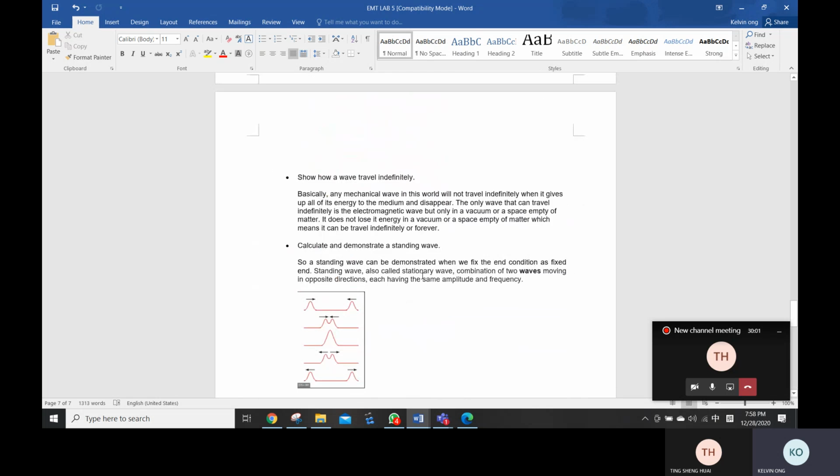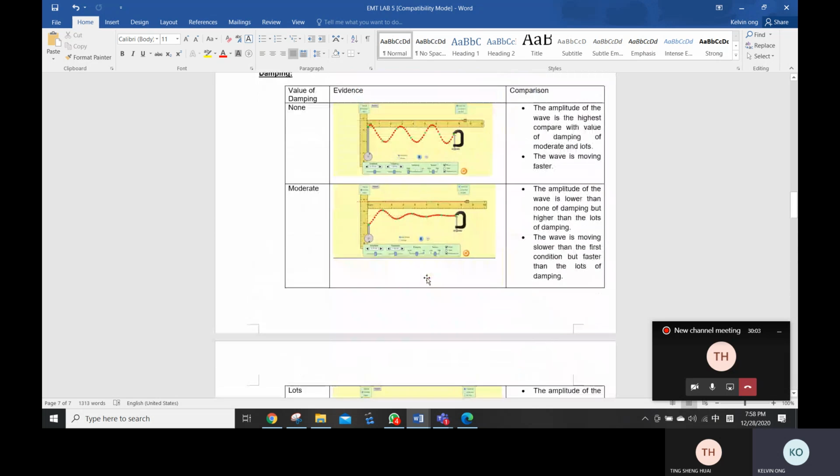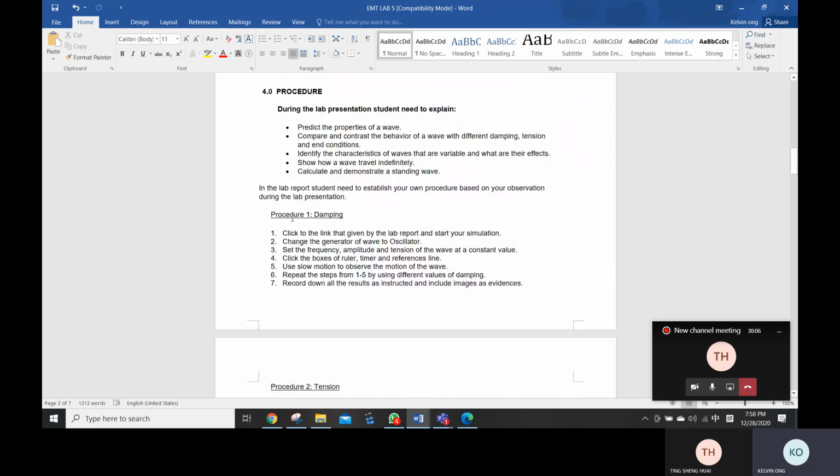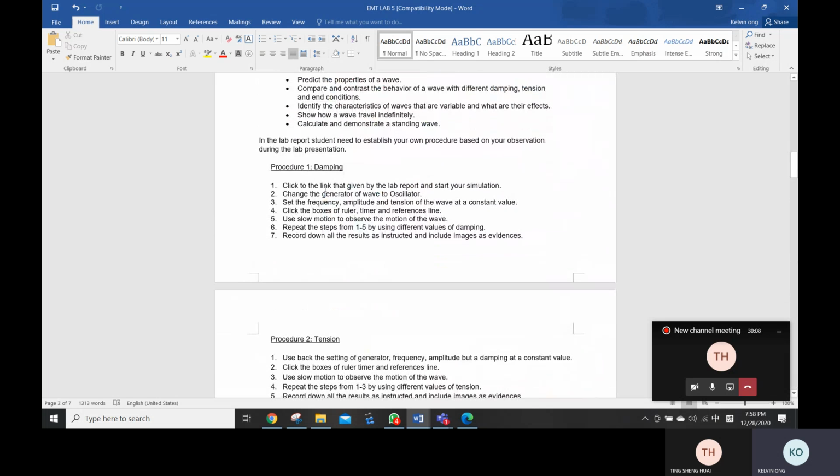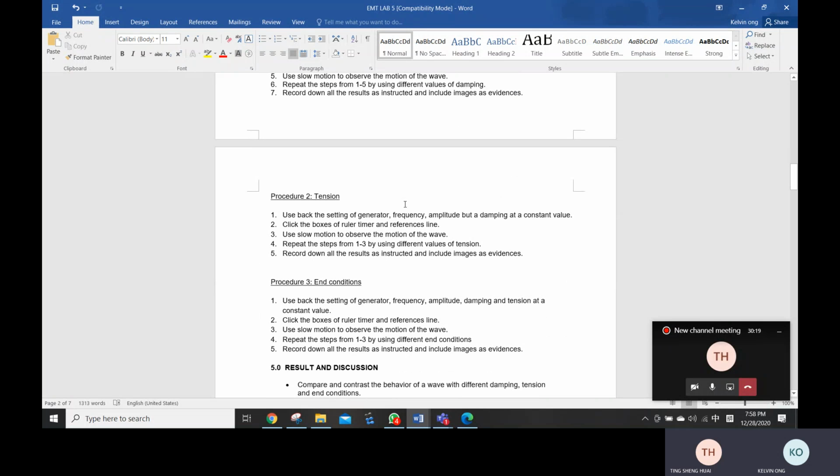Basically, for the procedure part, for procedure one, I set a fixed frequency, fixed amplitude, and fixed tension, and I just adjusted the value of the damping. So as we can see the difference of the wave. For procedure two, we fixed the damping, the frequency, and the amplitude, but changed the value of the tension.